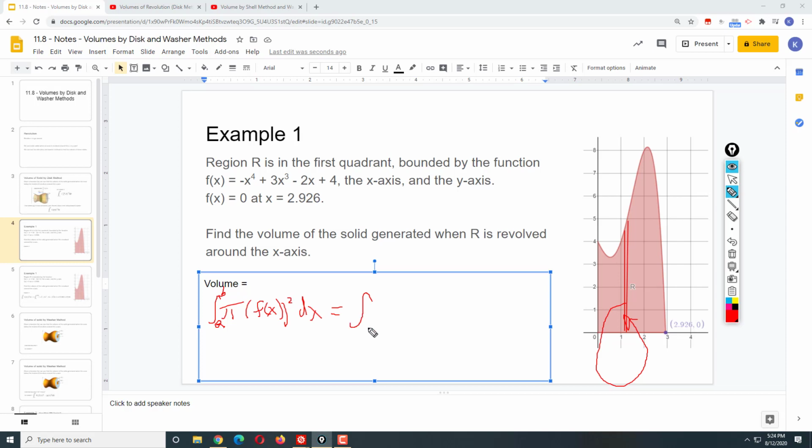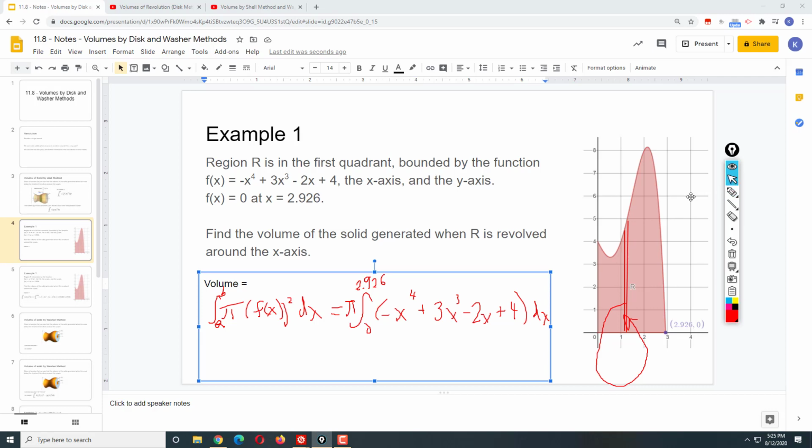Well, a is 0, b is 2.926. Pi we can move to the front. f of x we know is negative x to the fourth plus 3x cubed minus 2x plus 4, times dx.